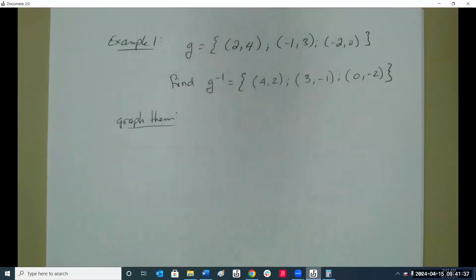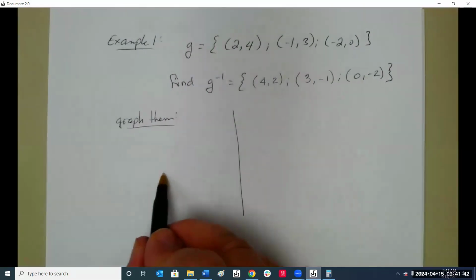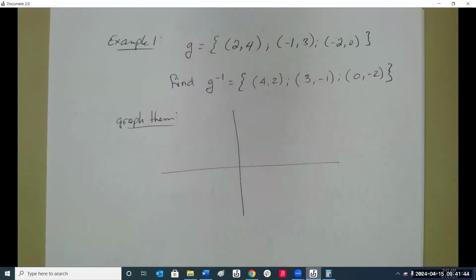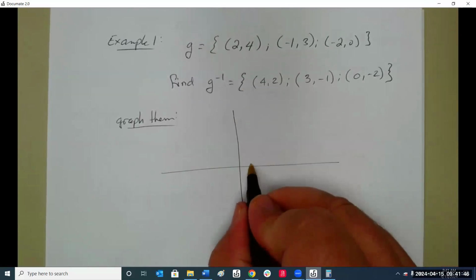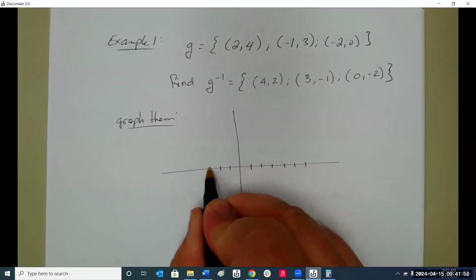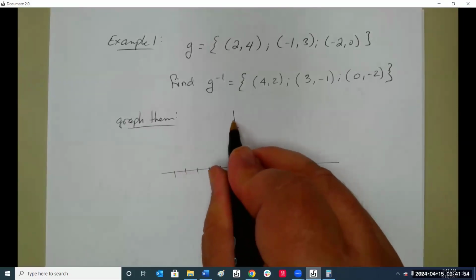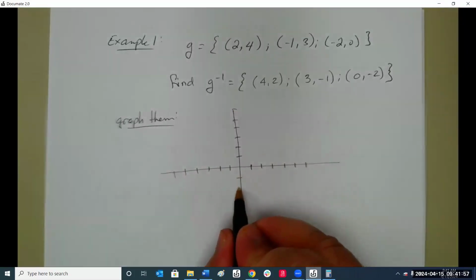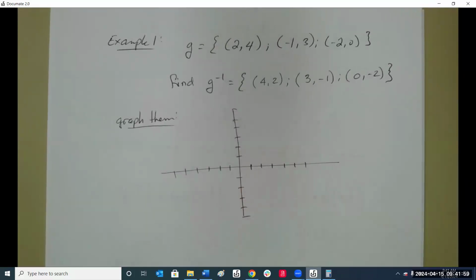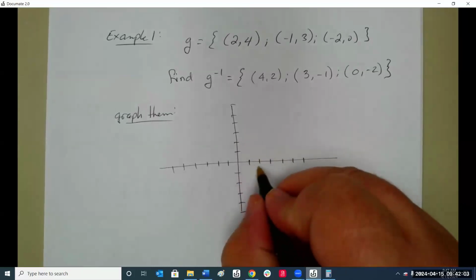Let's look at them, graph them. So the first one is 2, 4.